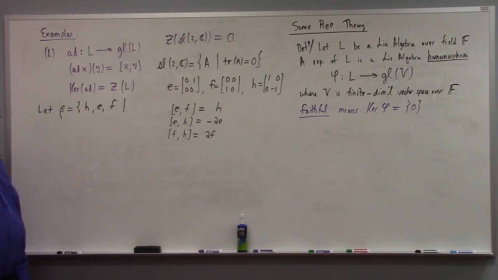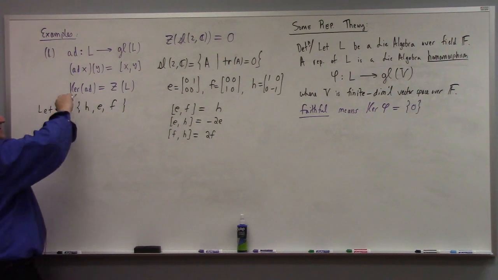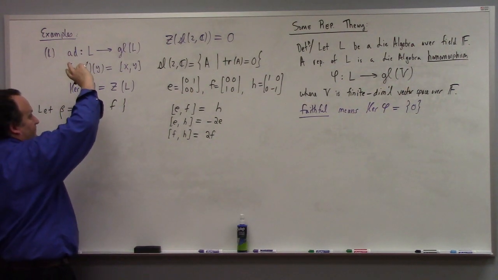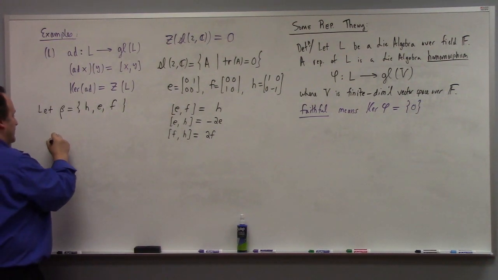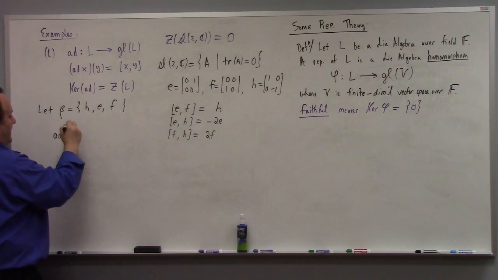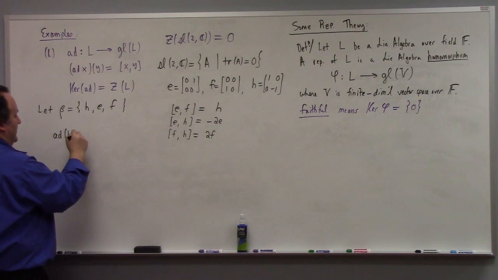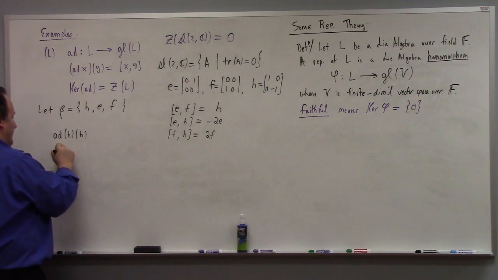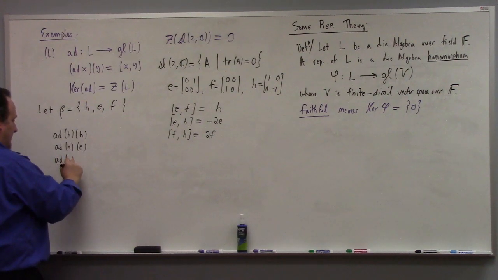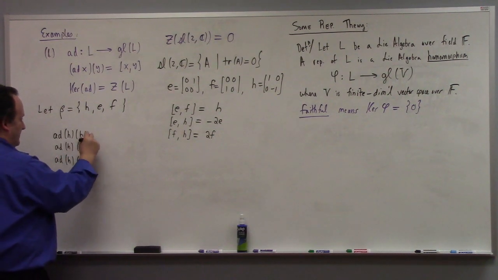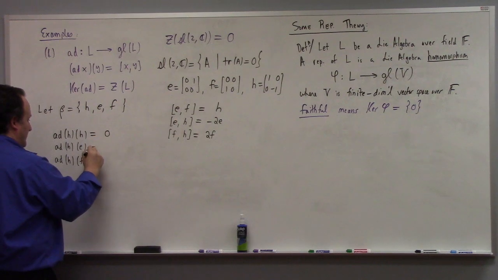All right, so to find the matrix representation of the adjoint representation of SL2, what I want to do is look at ad H of H, ad H of E, ad H of F. What are those equal to? 0, right?